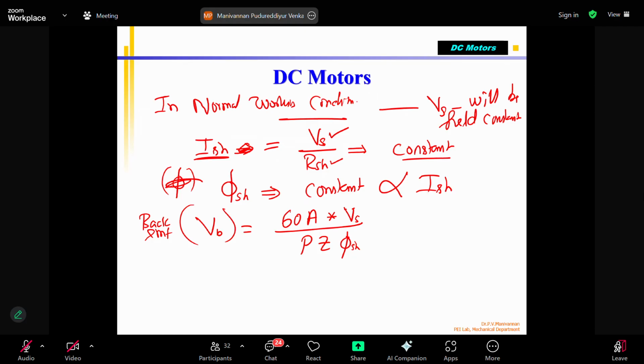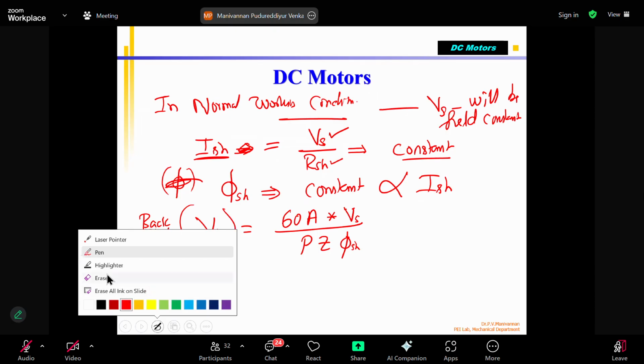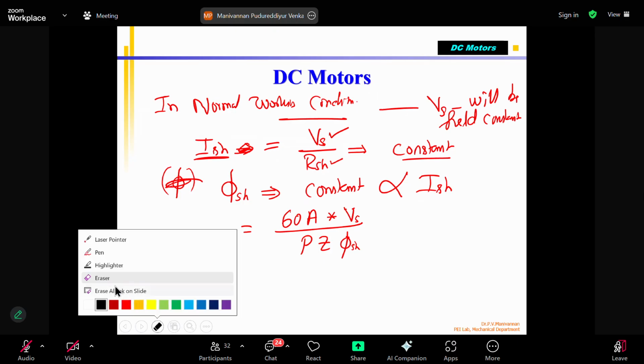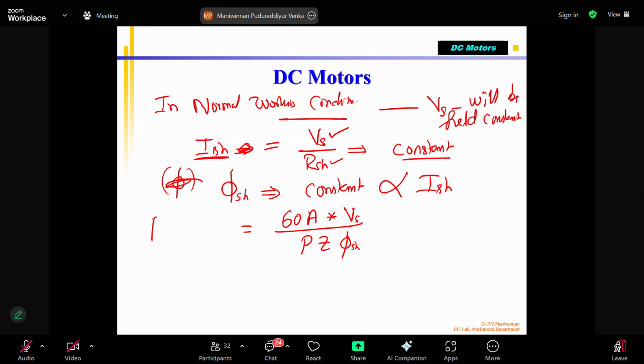Please note, small mistake, extremely sorry. This equation is meant for motor speed. What will be the speed of the motor for a given voltage?